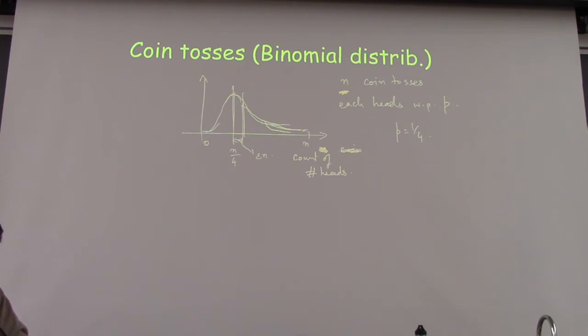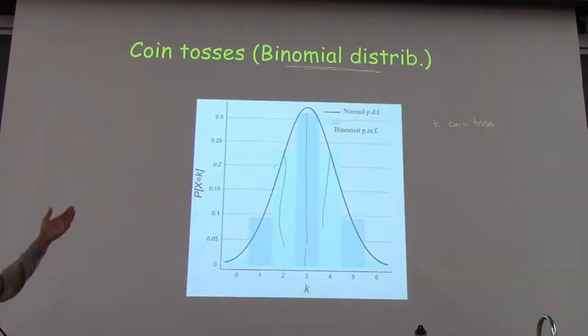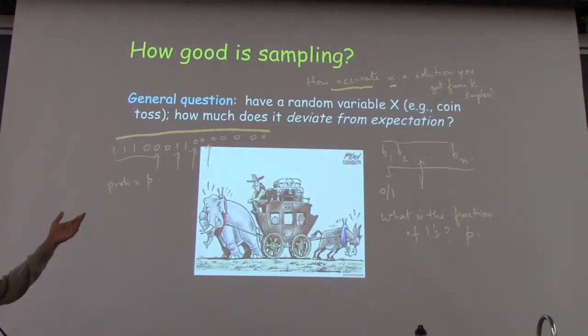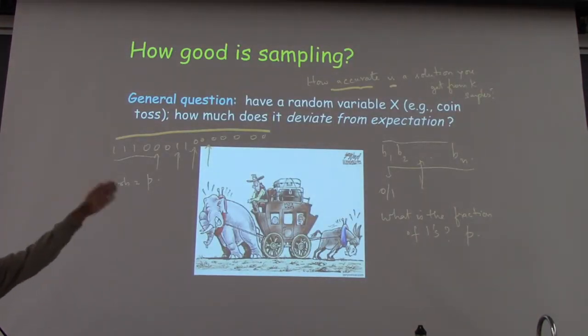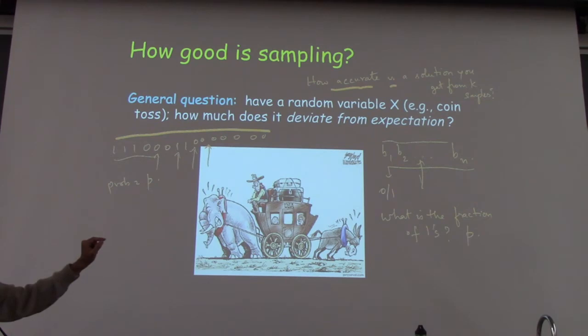So if you go back to the election example, when you sample a random element and inspect if it's 0 or 1, you get a 1 with probability p, and you get a 0 otherwise.